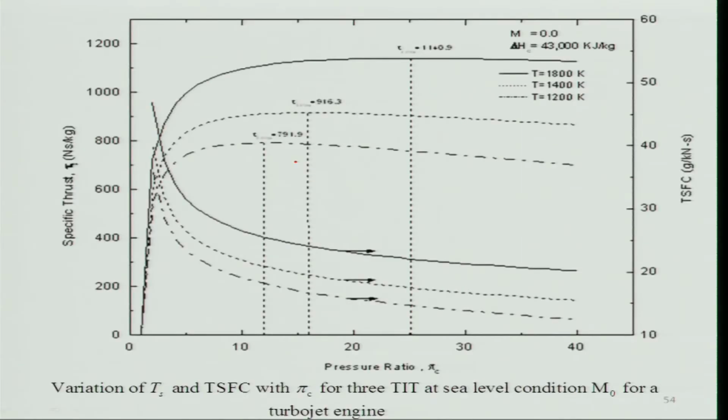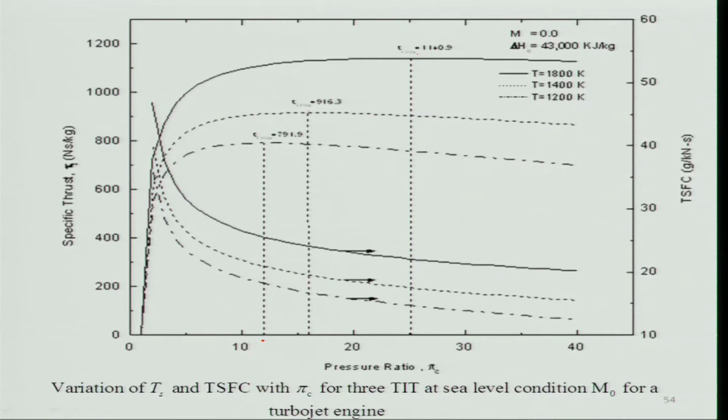Now I will look at the effect of temperature ratios, which has similar views. You can see that this has the highest temperature, like 1800 Kelvin. If you look, you need a higher pressure ratio to get a higher specific thrust, and as the temperature decreases, you get a lower specific thrust, with the maximum specific thrust at lower pressure ratios, right?